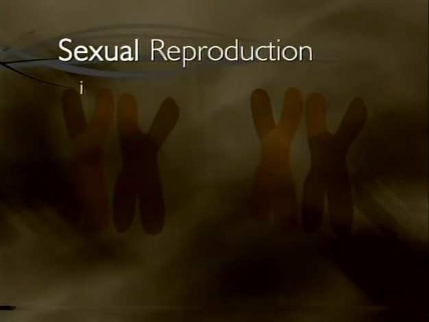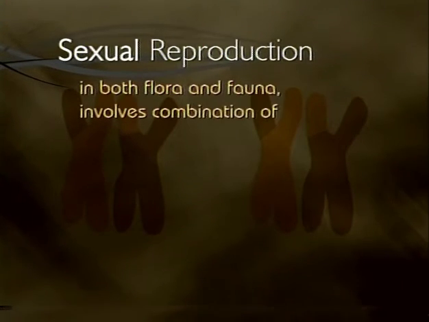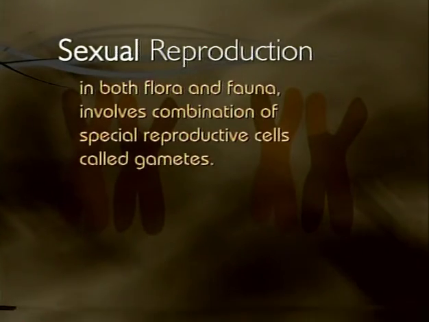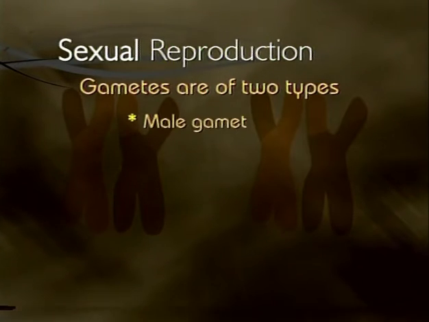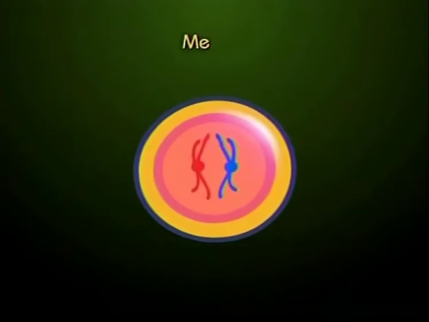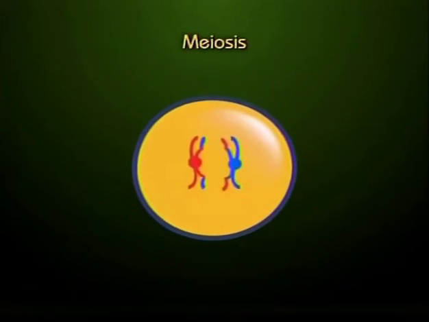Sexual reproduction in both flora and fauna involves basically the combination of special reproductive cells called gametes. It involves 2 parents as compared to the asexual mode of reproduction. The gametes which we talked about are of 2 types, male gametes and female gametes. Each of these gametes are produced because of a particular kind of cell division called meiosis.